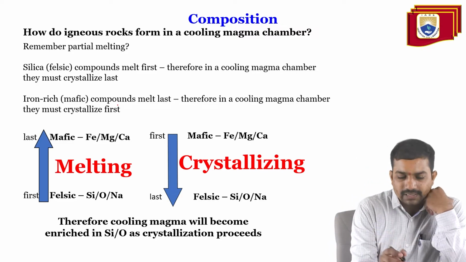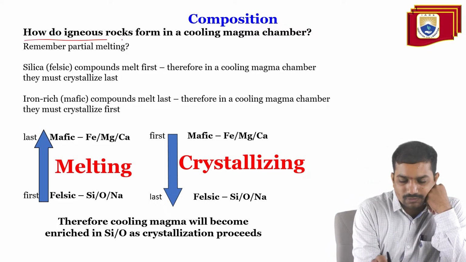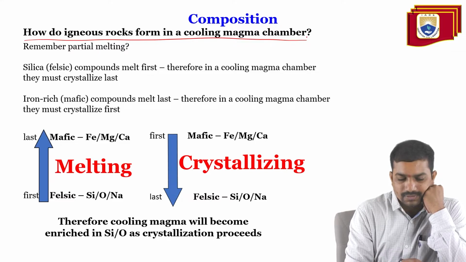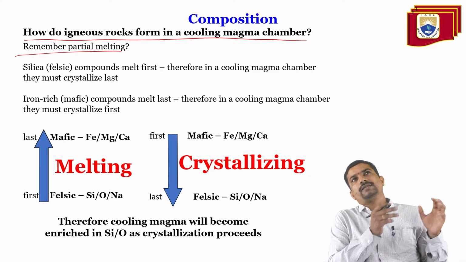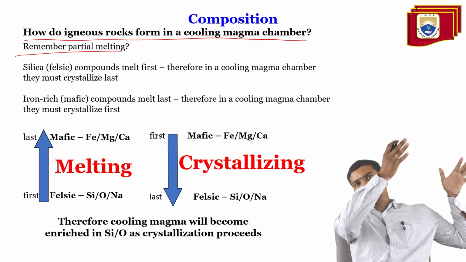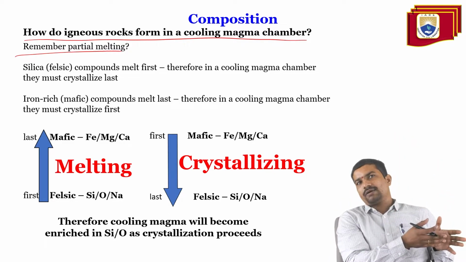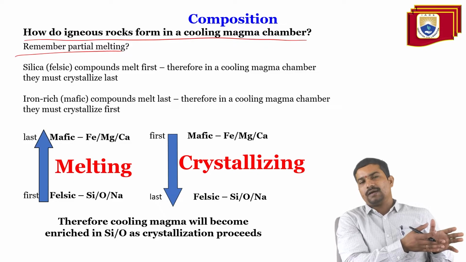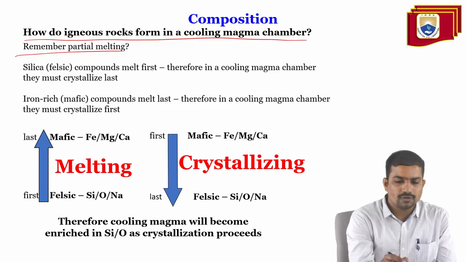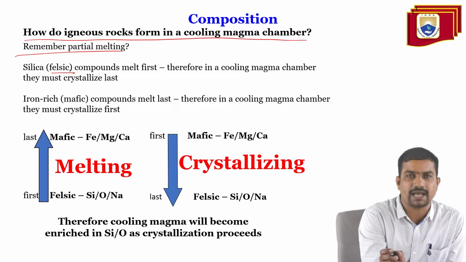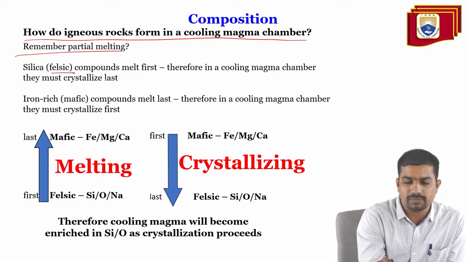So how do igneous rocks form in a cooling magma chamber? Remember partial melting? Yes. Inside the chamber of the lava, the lava is getting cooled by itself. So the silica compounds, which are felsic type of material, melt first.